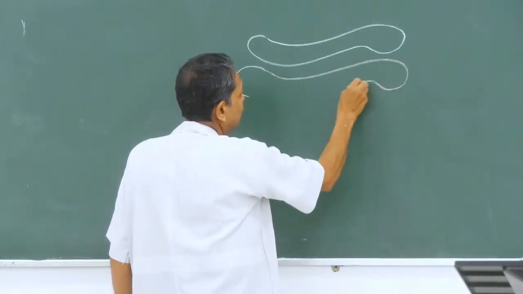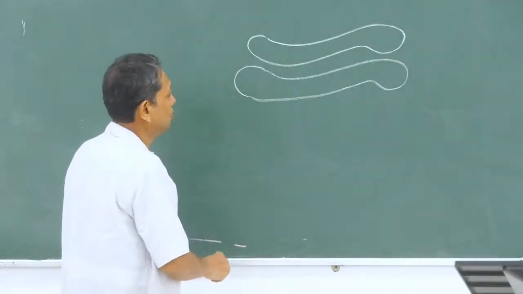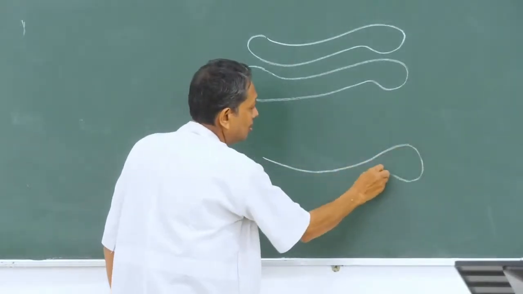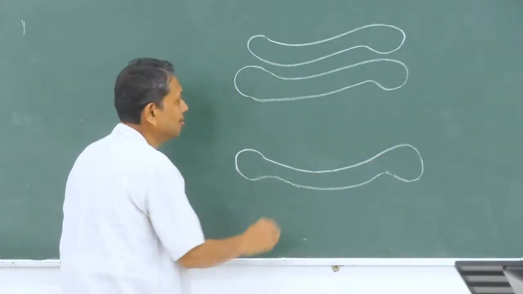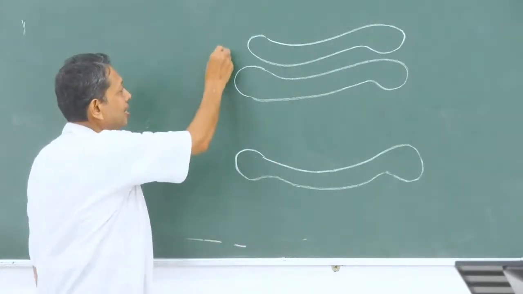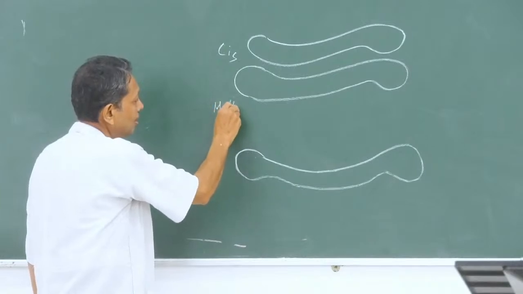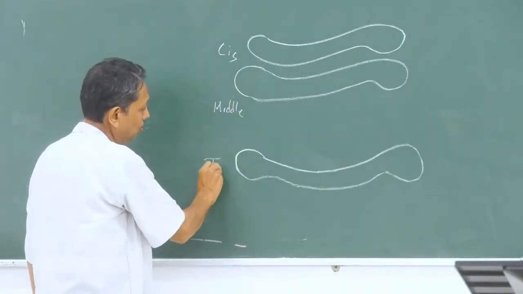The peripheral part is rounded, and then this way they are disposed. And they are cis, middle and trans groups.